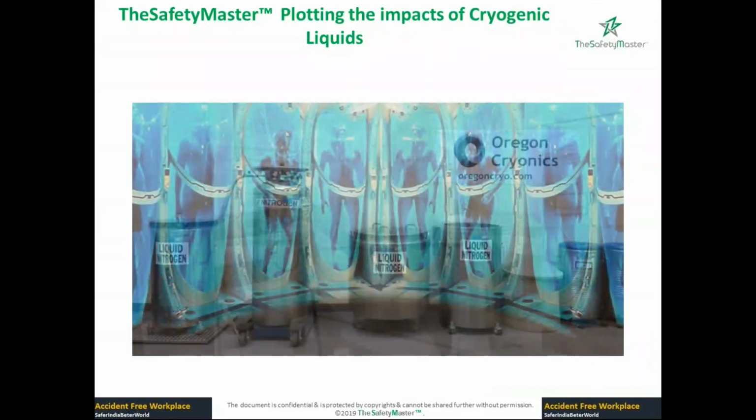And then last is cryonics. Cryonics is storing organs, and even the human body can be stored at very low temperature. So there are no bounds for cryogenics when it comes to applications.